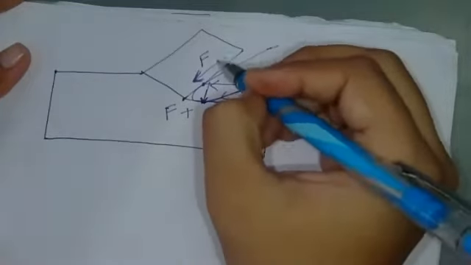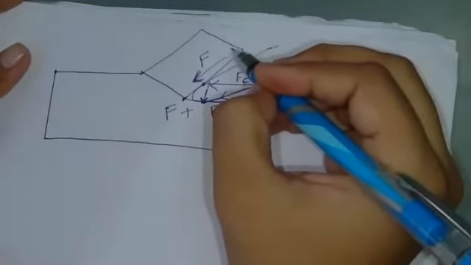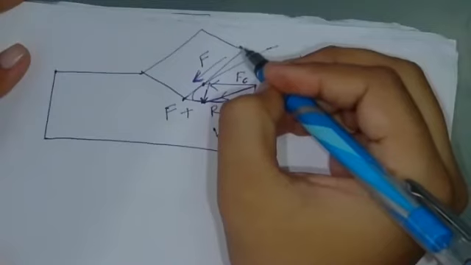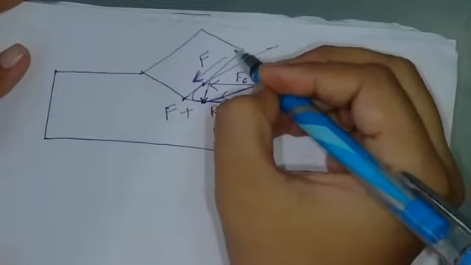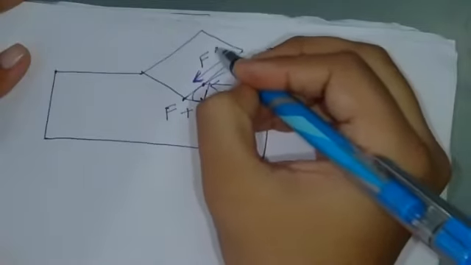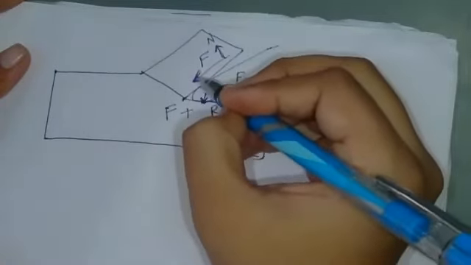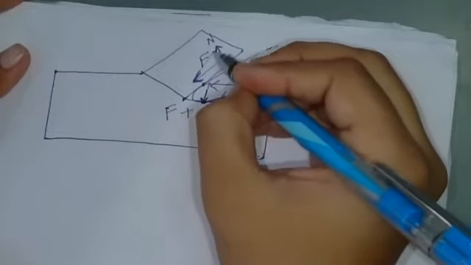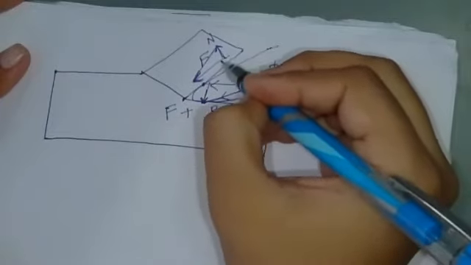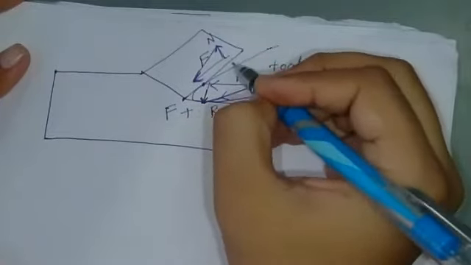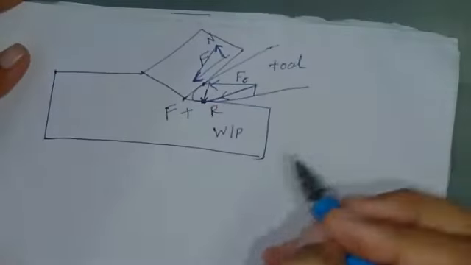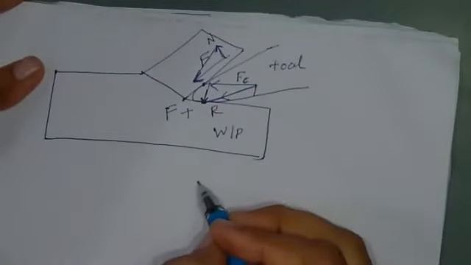And you also remember that the friction force is always accompanied by a normal force. So if it is a friction force F, then there will be a normal force N on the surface on which the friction is working, and then the resultant of friction force and normal force. So I'm just redrawing it.